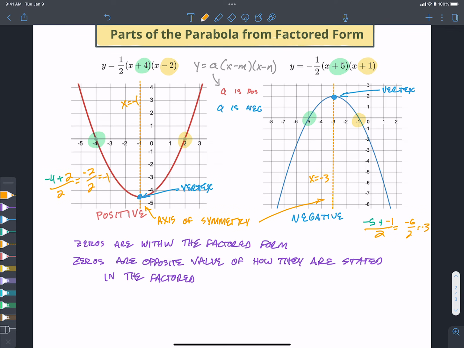So y equals, this is saying I'm looking for y when x is equal to -1. So y equals 1/2 times (-1 plus 4) times (-1 minus 2).